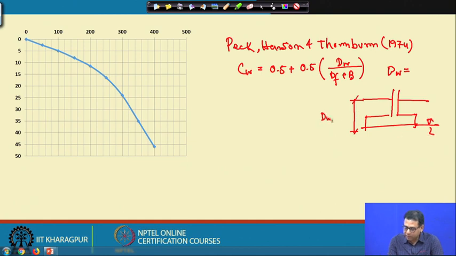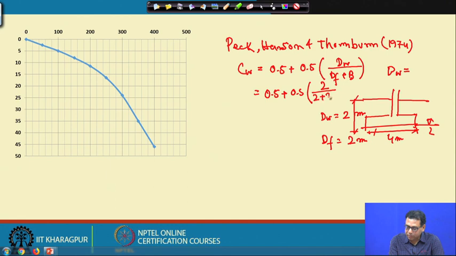So, your dW is equal to 2 meter and dF value is also 2 meter and B value is 4 meter. In that case, CW value is 0.5 plus 0.5 into 2 divided by 2 plus 4, because B value is 4 meter.